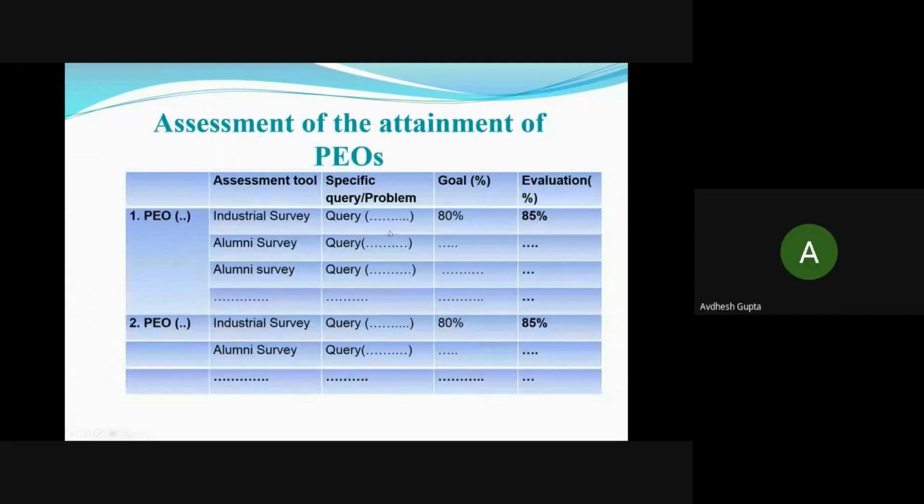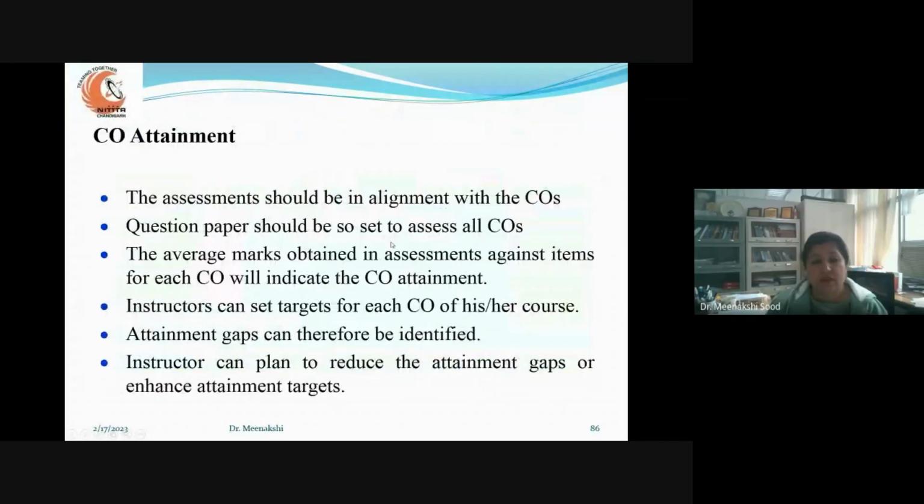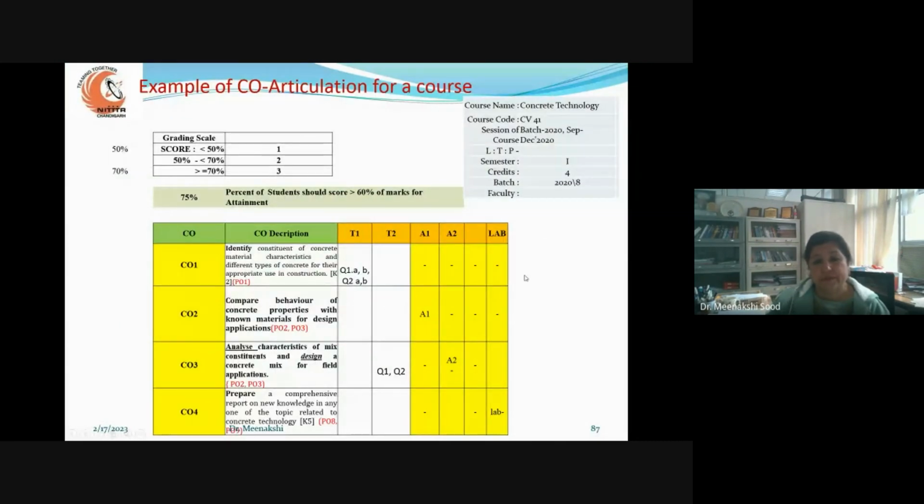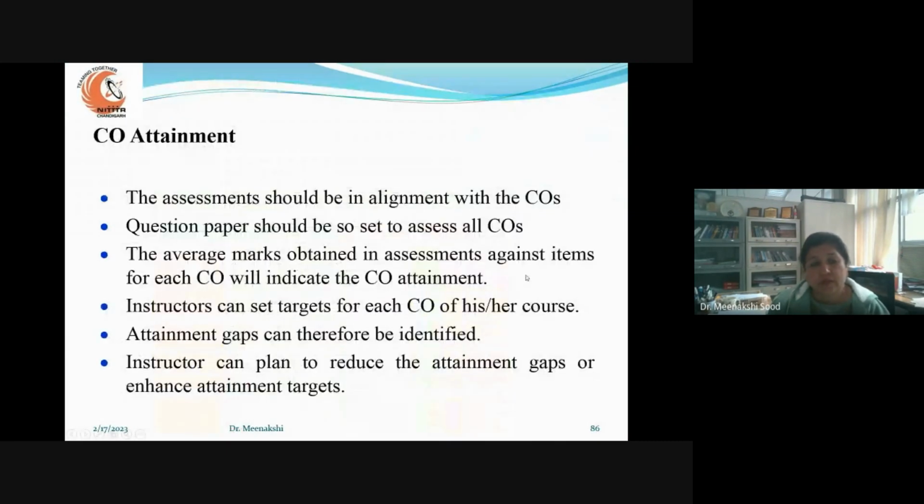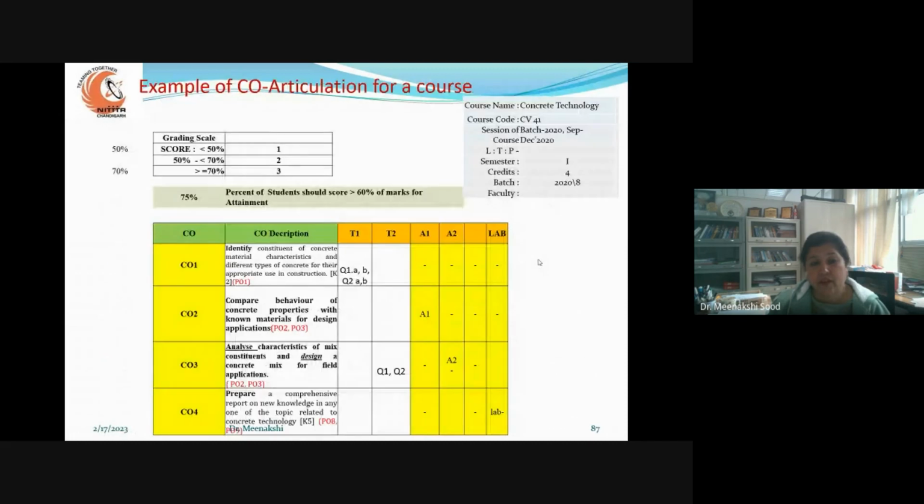Okay, so this is again assessment. Now when we talk, mainly we are bothered about the CO attainment. So one more thing has to be done in terms of how we will check that the CO has been attained or not. That is when we will be mapping our COs with the question papers.